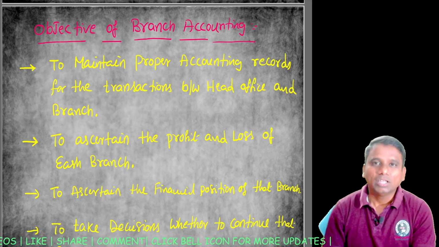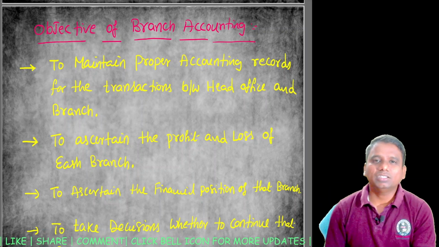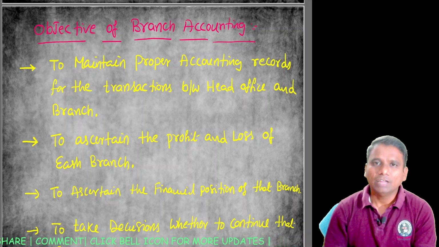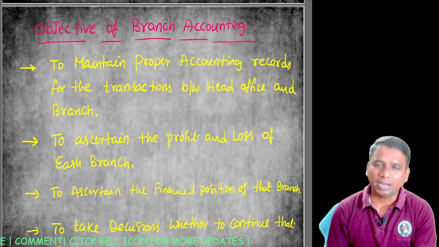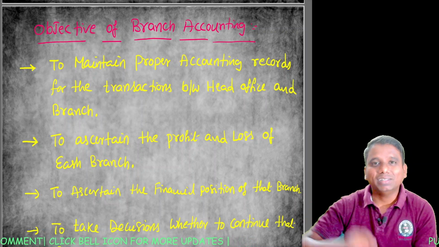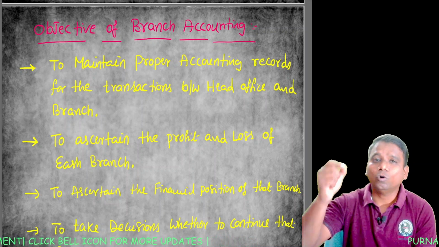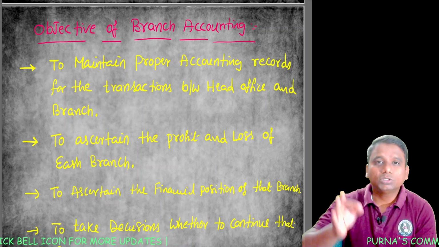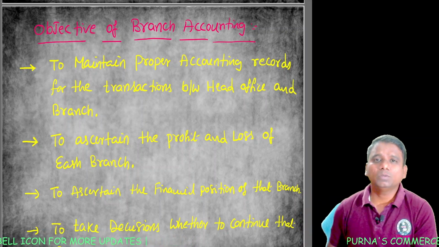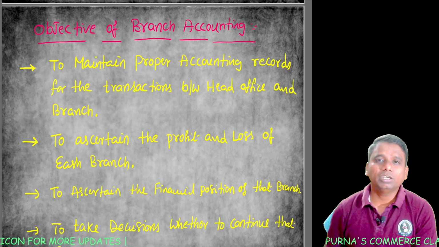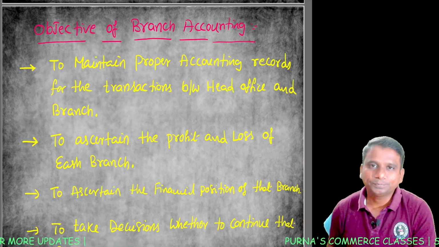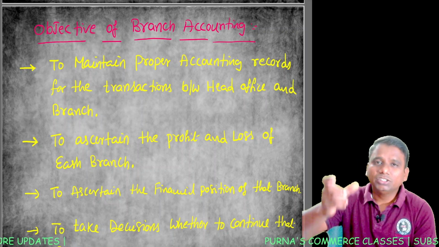Next, the second one. As we have opened another shop, you may call it a shop or showroom or branch, whatever it may be, we should know whether opening of this branch is profitable or not. To check this, we should calculate the profit or loss of that particular branch, as well as its financial position.